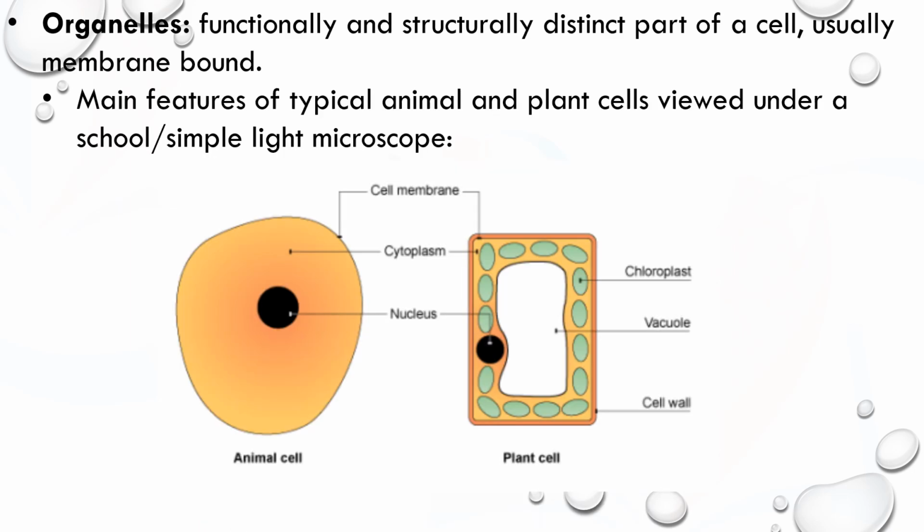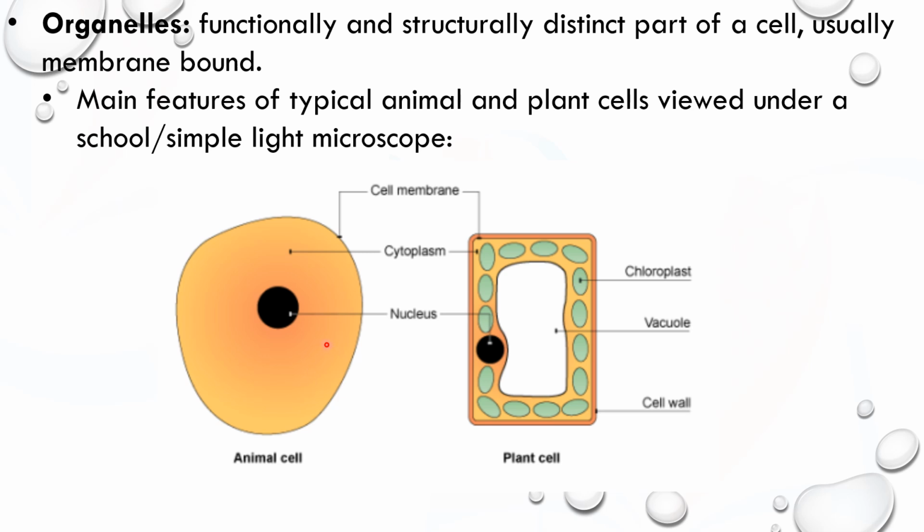Okay, so I just want to define organelles. So what are organelles? Try to define organelle. Okay. Organelles are functionally, structurally distinct parts of a cell, usually membrane bound, main features of animal and plant cells viewed under a simple light microscope. So what is their similarity?